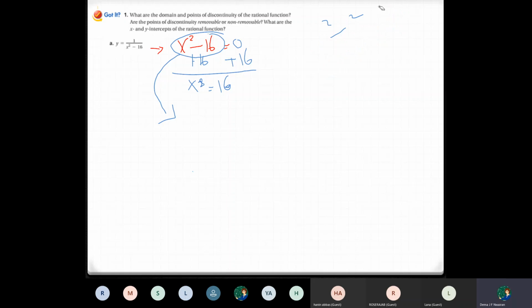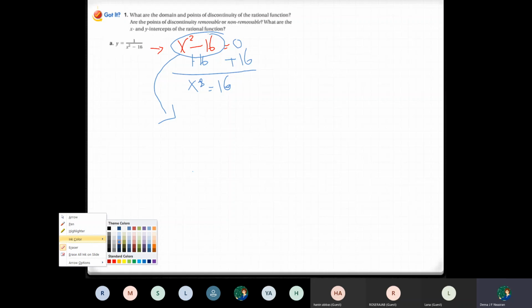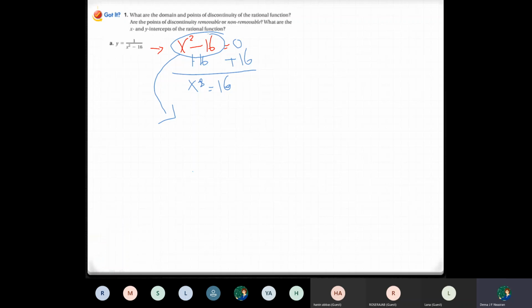that's why I chose it, to remind you that without factoring, if I asked you to find x squared minus 16 equals 0, you will put the x squared on one side and the 16 on the other side. Now, if x squared equals 16, the x here has to be a positive and negative value.